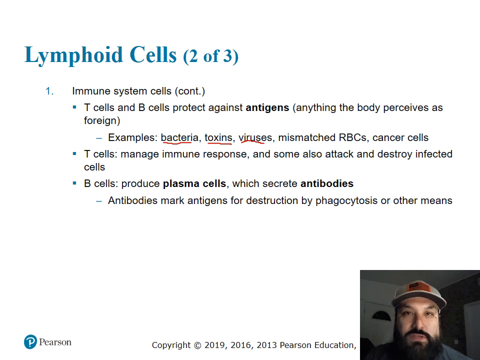The B and T lymphocytes can actually recognize those and put a stop to those toxins from damaging our body even further. And the same can be said when you talk about bacteria and viruses. Red blood cells, when they're mismatched, for example, when there is an incompatibility, when we have different blood types being mixed, this is what can happen.